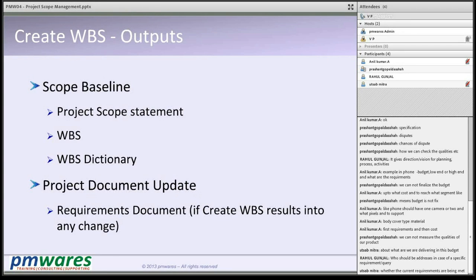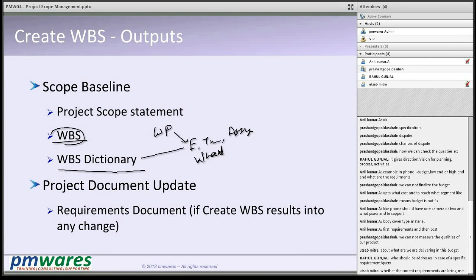and that work breakdown structure comes along with the WBS dictionary. What is the WBS dictionary? Everything about the work package: the number of hours, the effort, time, who will do it, assignment, what is to be done as part of the work package, what are the risks involved.